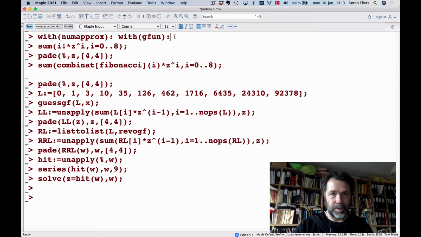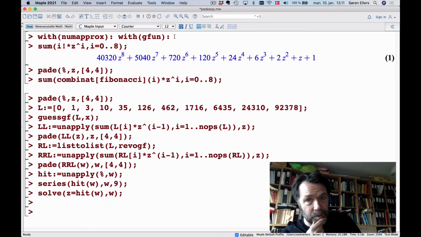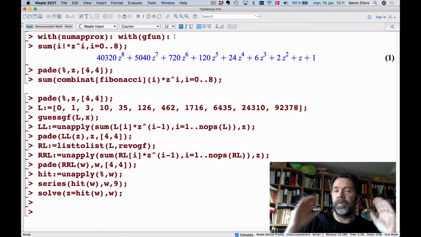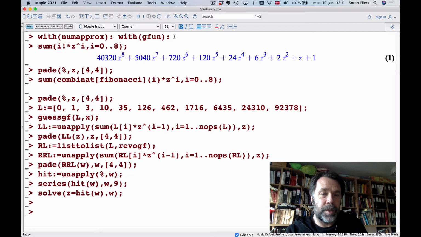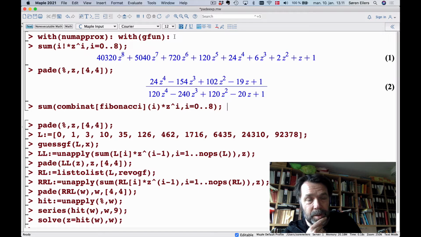So let's go back to Maple and look at an easy example. Here I'm looking at a polynomial which I think of as the first finite chunk of a power series. The choice that I made here was to take the factorials as the coefficients. And then I'm trying to do a Pade approximant of this polynomial.